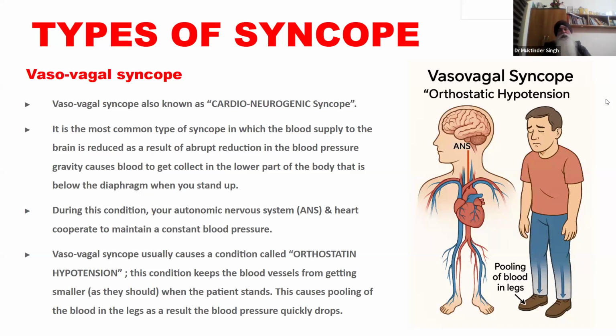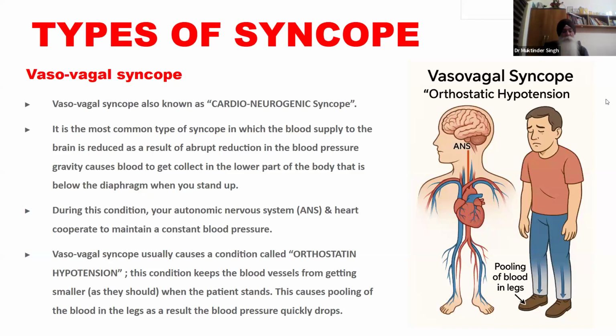When the heart pumps the blood, it comes back with its own pressure, and our lower limb veins have valves that push the blood up. Once the blood has gone up it will not go down. But when our total blood is more below the diaphragm and less above it, the brain will not get sufficient blood supply.